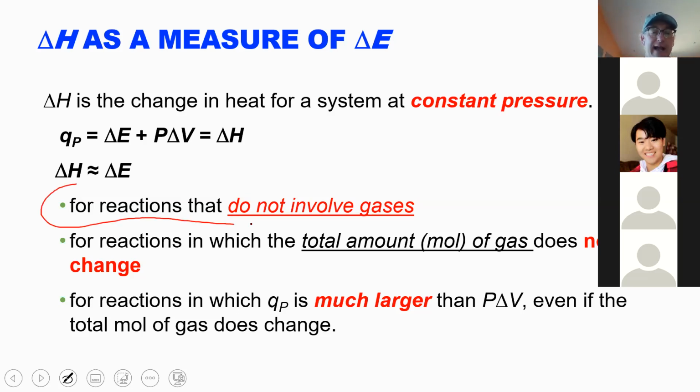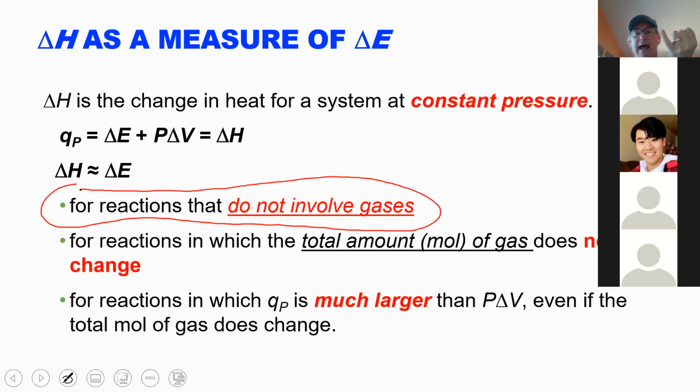For instance, if we're adding an acid and a base in a neutralization reaction that forms salt and liquid water, we haven't created any gas at all. And so we can just measure the change in heat, and that gives us our enthalpy.